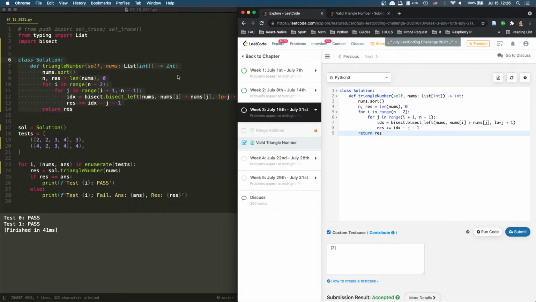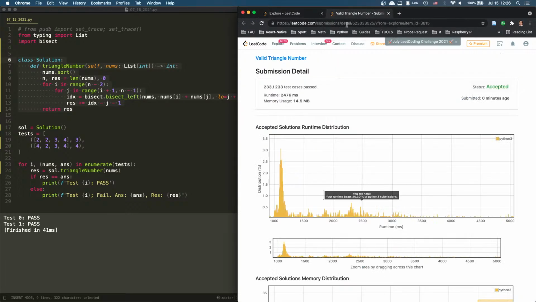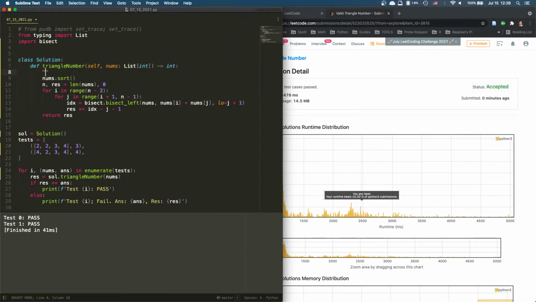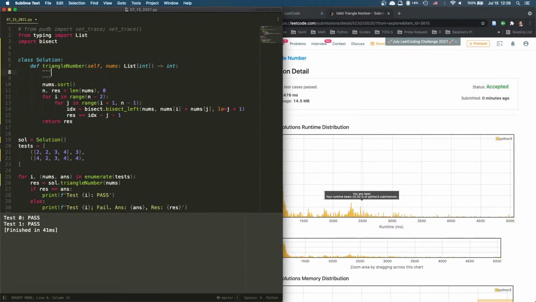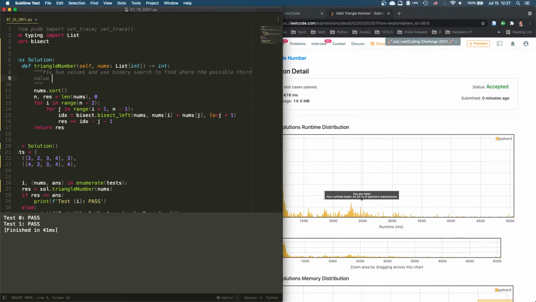I don't like this. This is O(n) squared log n. I think it's going to be on the right side. So we fix two values, and use binary search to find where the possible third value is going to be.